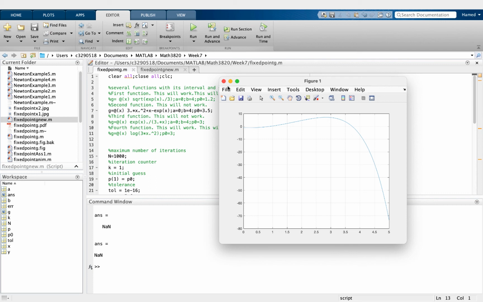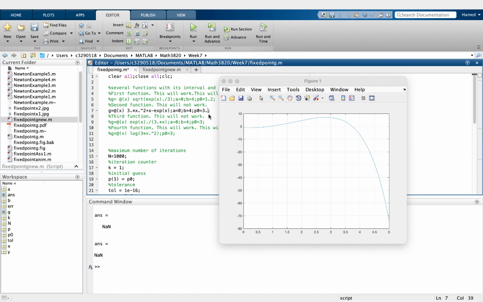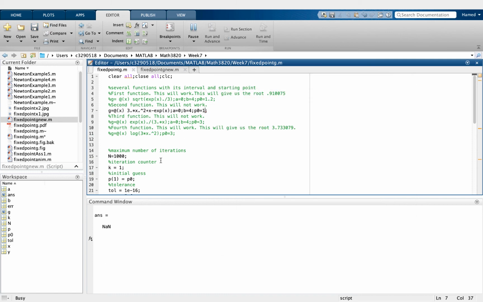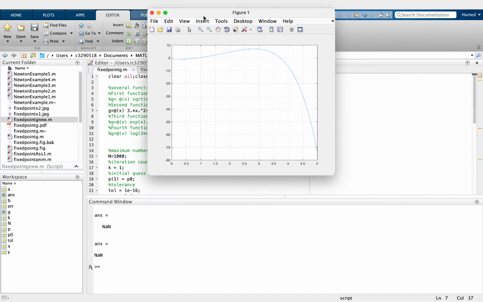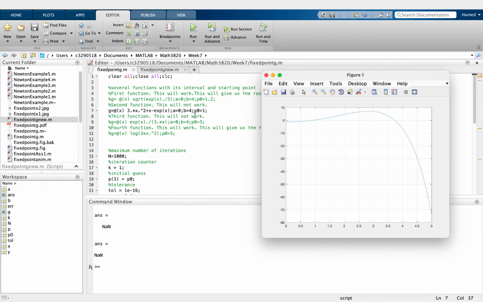Even if we change the initial value p0, we can see that it won't give us the appropriate result.